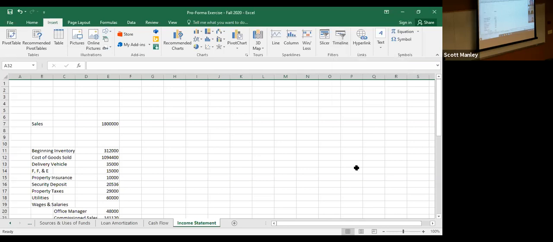The general form for an income statement is this: sales minus cost of goods sold, if you have them. Some of you don't. Okay. Sales minus cost of goods sold equals gross profit, minus your operating expenses, equals your net profit, right?